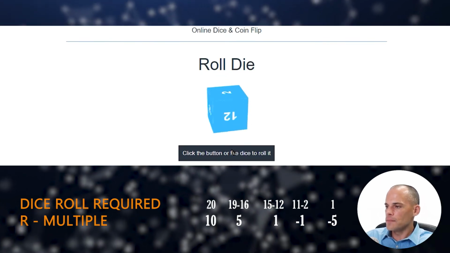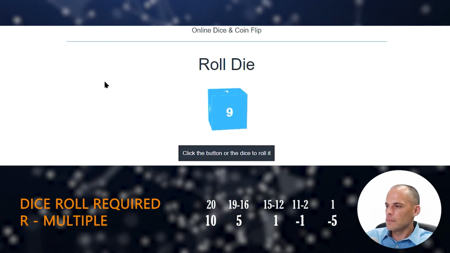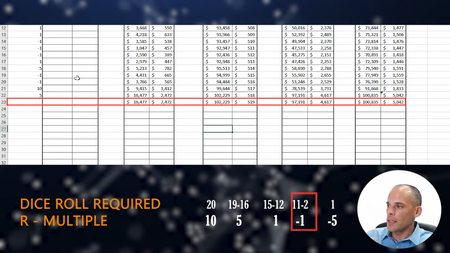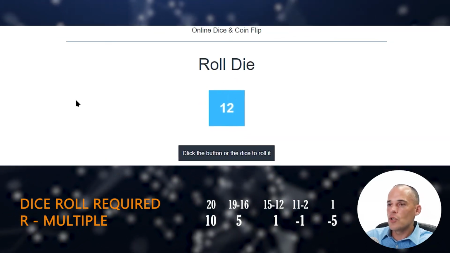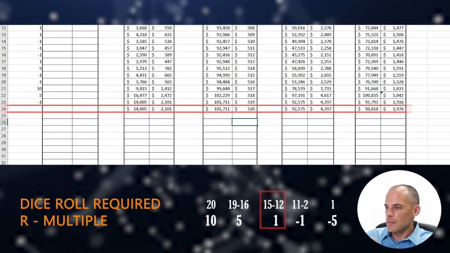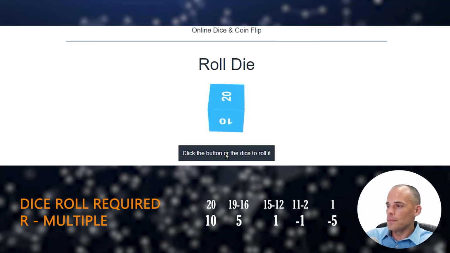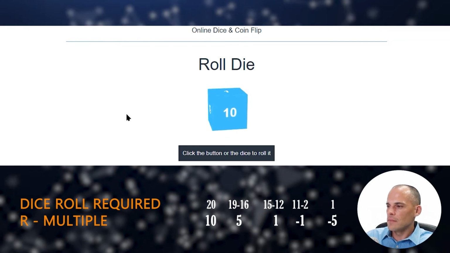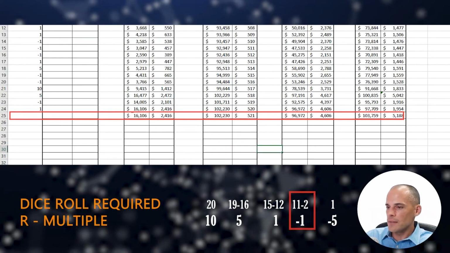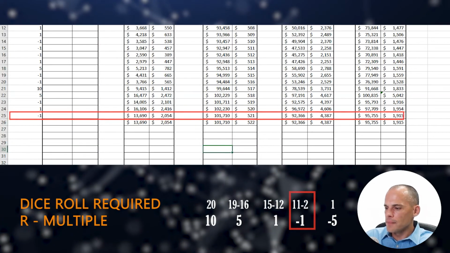Next roll. 9, that would be a -1, I believe. Yes. 12. 12 is a +1. Next roll. A 10, which is a -1. Okay, next up.